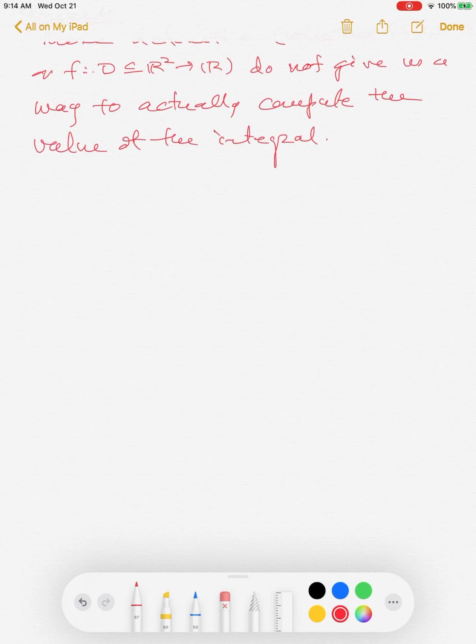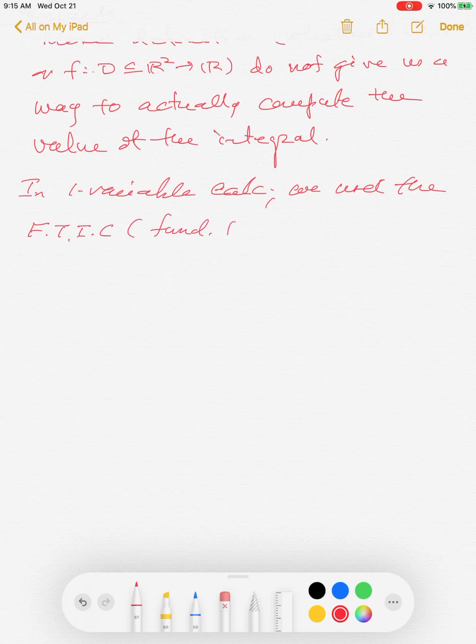So in one variable, how was it done? In one variable calc, we used the fundamental theorem of integral calculus, which you will prove in advanced calc. What does it say?